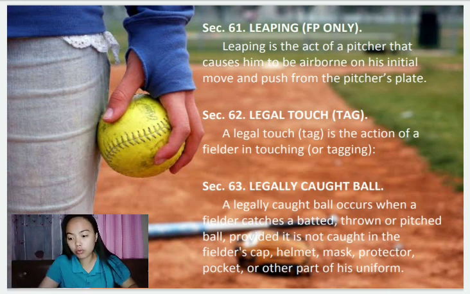Ang legally caught ball occurs kapag ang fielder catches a batted, thrown, or pitched ball provided it is not caught in the fielder's cap, helmet, mask, protector, pockets, or other part of the uniform. It must be caught or firmly held by hands or gloves.